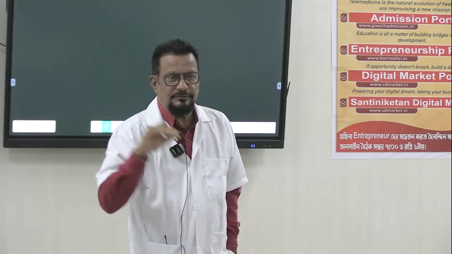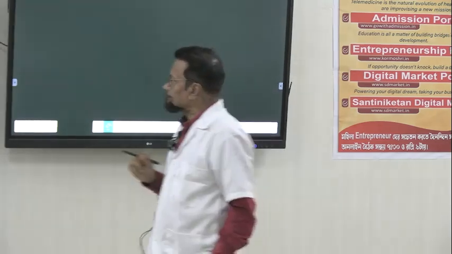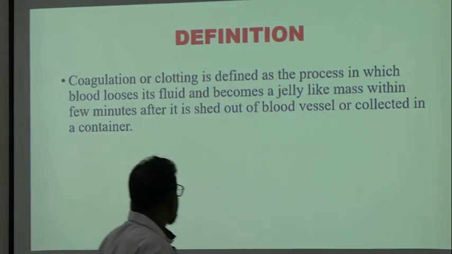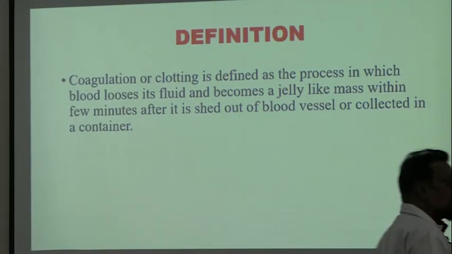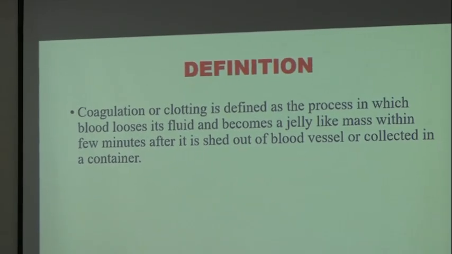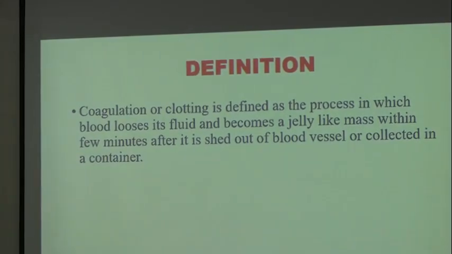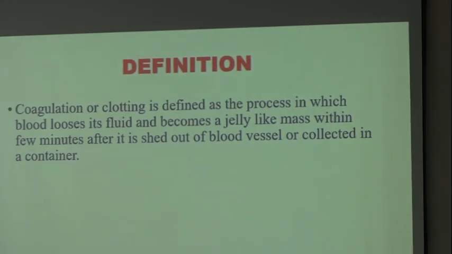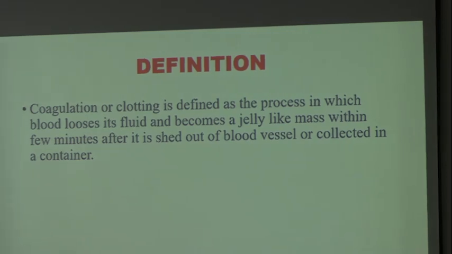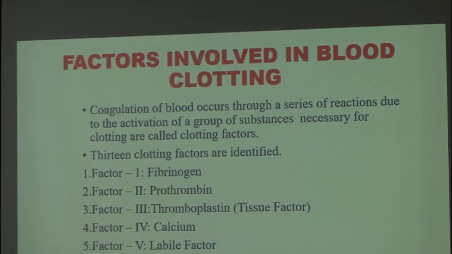So this is coagulation. Coagulation or clotting is defined as a process in which blood loses its fluidity and becomes a jelly-like mass within a few minutes after it is shed out of the blood vessel. Okay, this is coagulation. Is that clear? What is coagulation? I will ask. Try to remember what is coagulation.